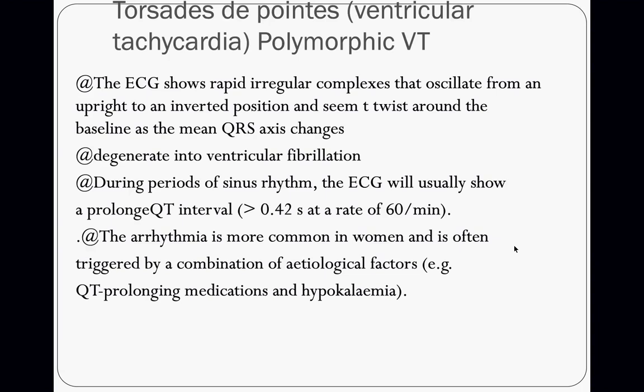Another form of VT نسميها البوليمورفيك VT أو torsades de pointes or ventricular tachycardia. The ECG in this condition shows rapid irregular complexes that oscillate from the upright to an inverted position and then twist around the baseline as the mean QRS axis changes. What is this?